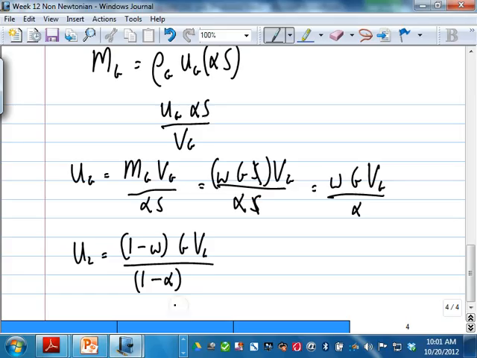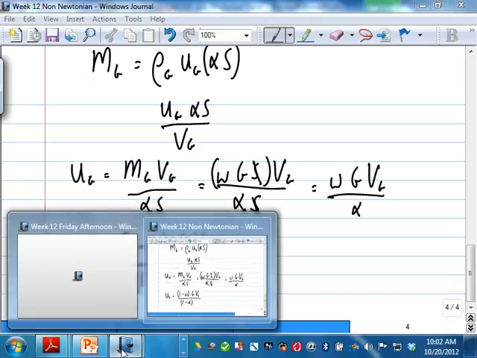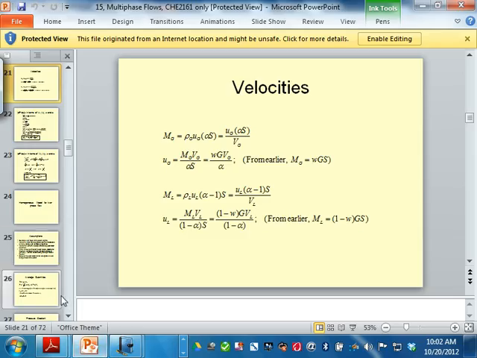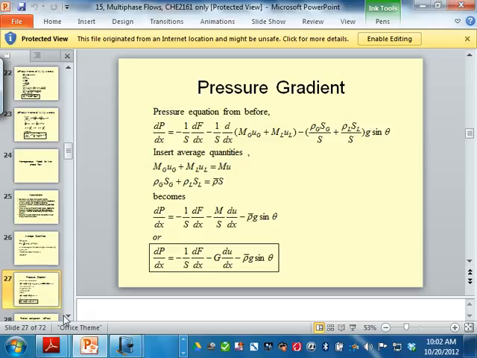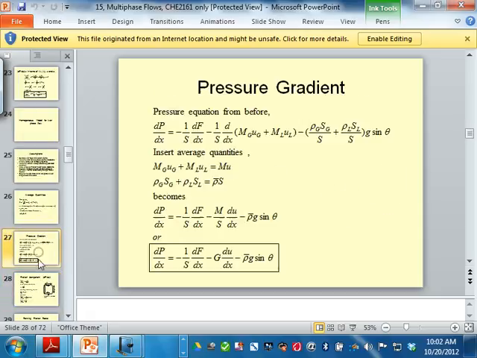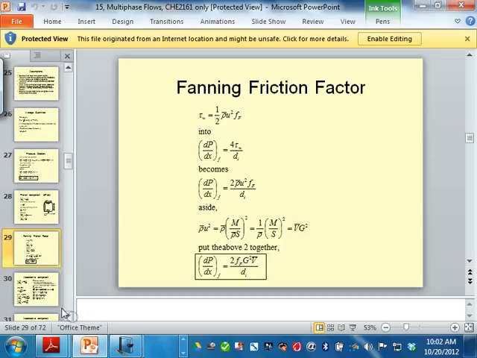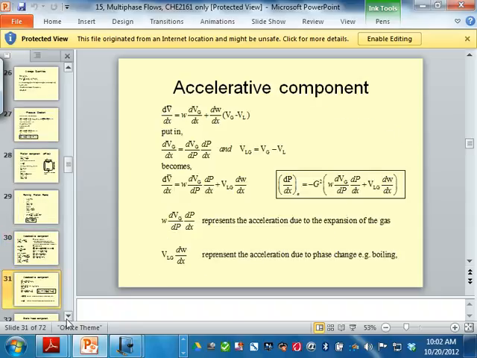For UL you could do the same thing, but everywhere omega appears it is actually 1 minus omega, and this one is 1 minus alpha. I'll come back to all this painful part later.